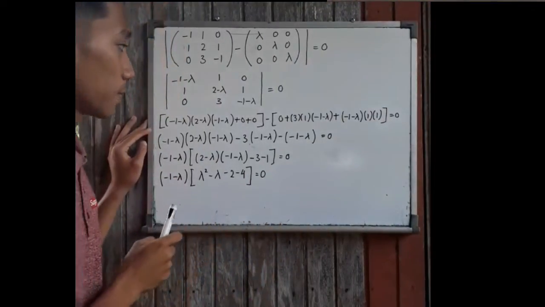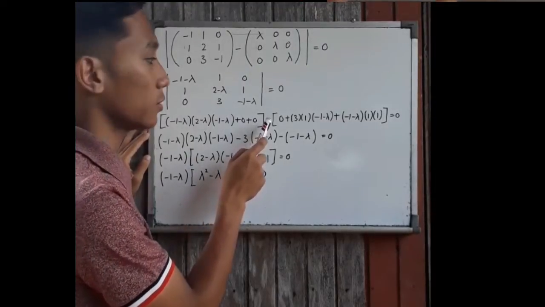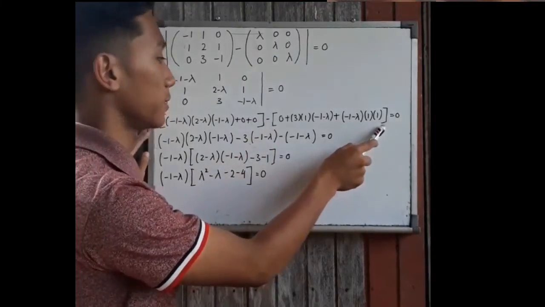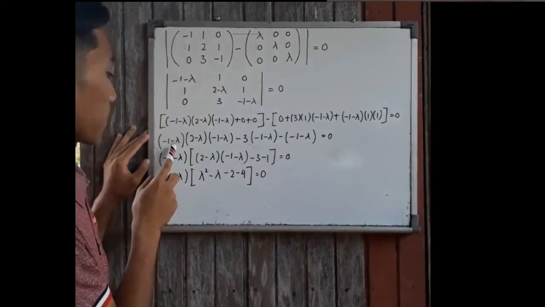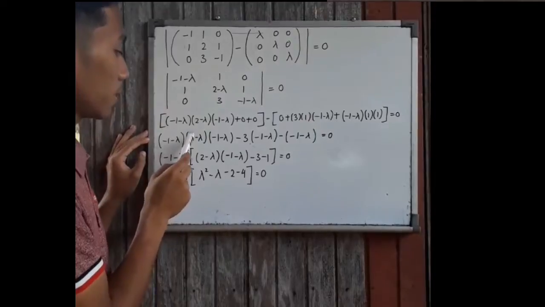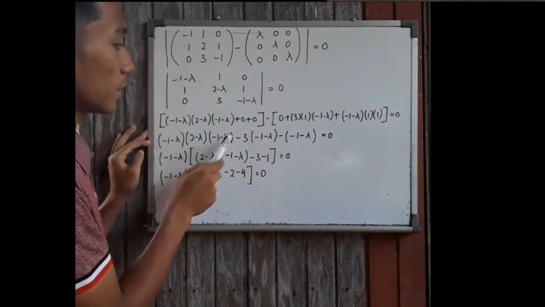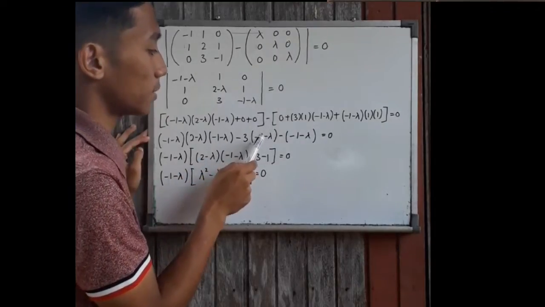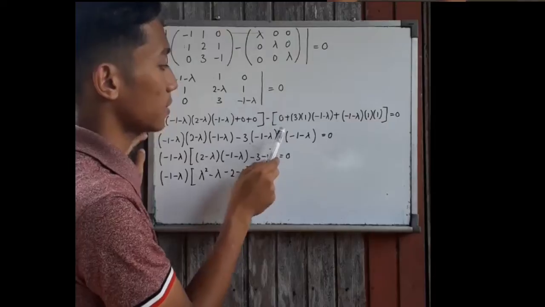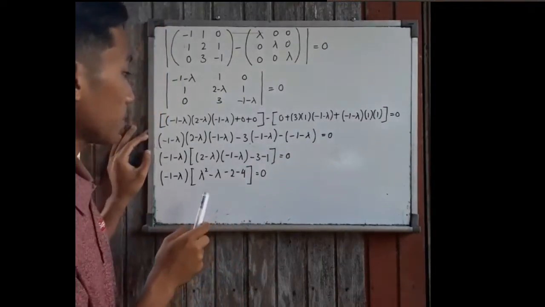And then we expand the minus here into this expression, and we get negative 1 minus lambda, 2 minus lambda, negative 1 minus lambda, negative 3, negative 1 minus lambda, minus negative 1, negative lambda equal to 0.